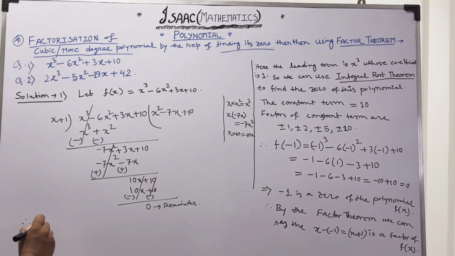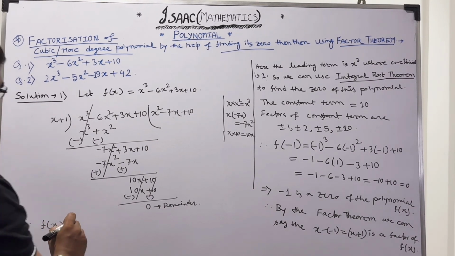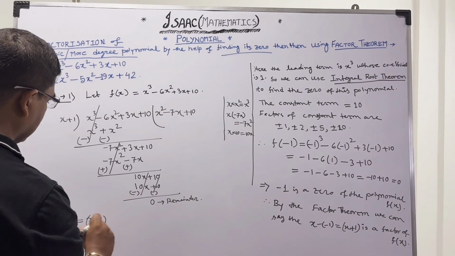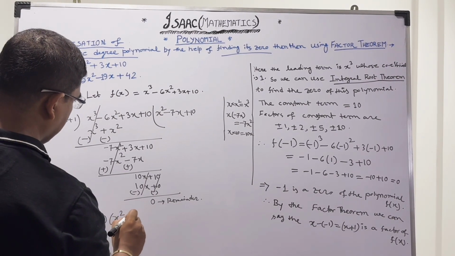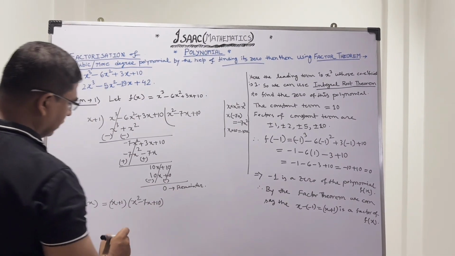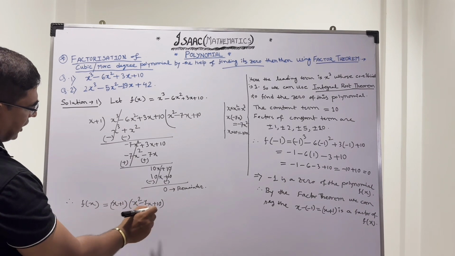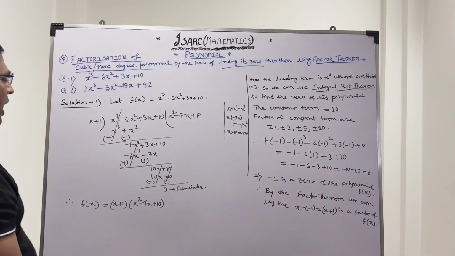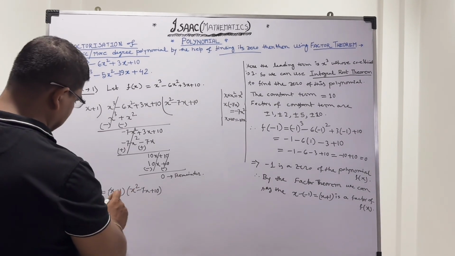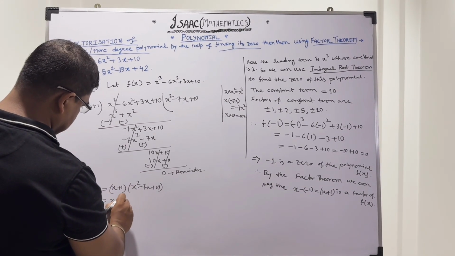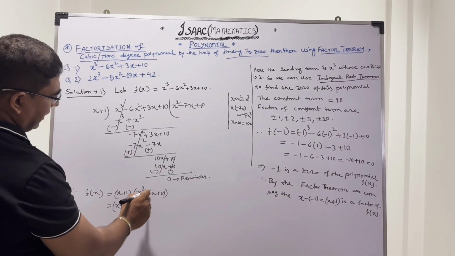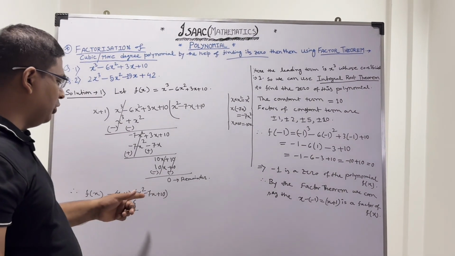So therefore, f of x equals x plus 1 into x square minus 7x plus 10. So this part of the factorization becomes the quadratic part, and we can easily apply middle term factorization to find more factors. So we have to break 7 into the addition or subtraction of two numbers.